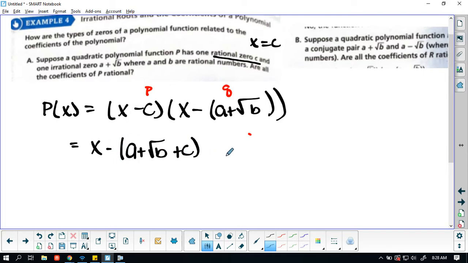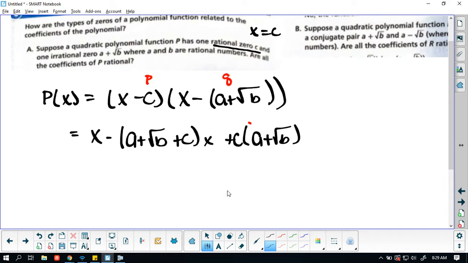I'm going to put the negative on the outside because you're just subtracting them all. And then x plus, basically I pulled out the greatest common factor of negative 1 when I did the subtraction there. And then we have a plus square root b times c for this one right here.